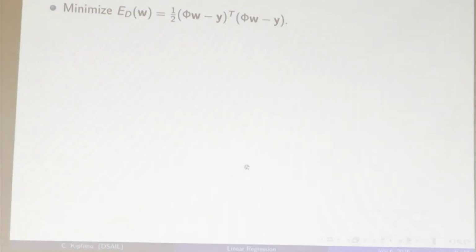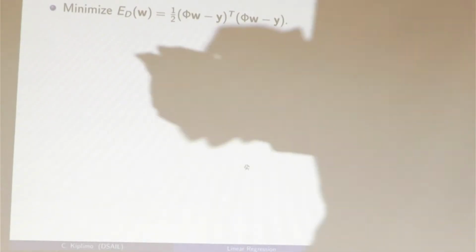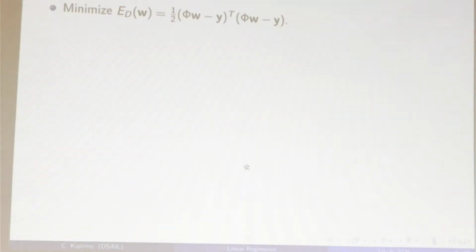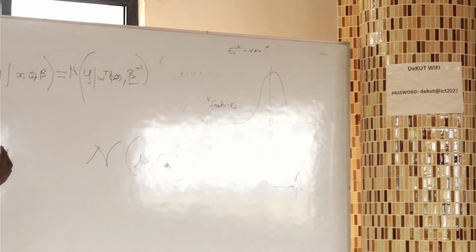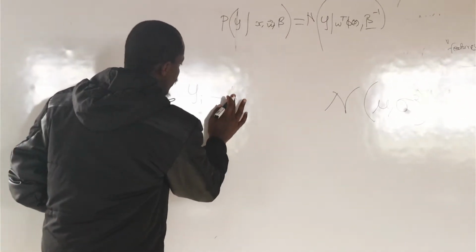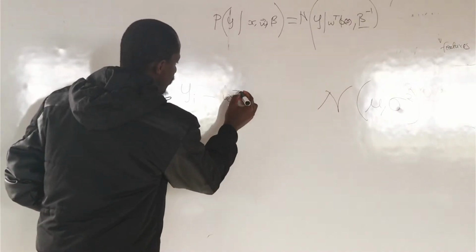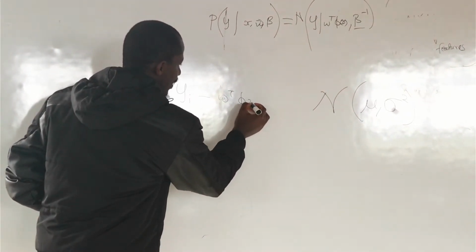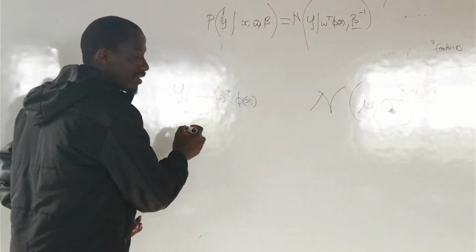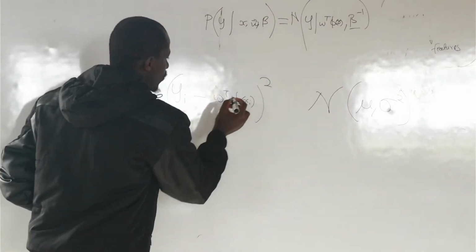Okay, so I want to talk about this question. We see that for our sum of square differences, the differences between yi and phi, that w transpose multiplied by phi, and we are squaring that.